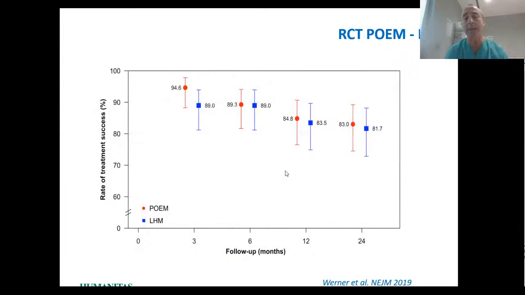And finally, this is the New England paper that was published by a European consortium led by Thomas Rösch. We were part of that study. We contributed significantly to that study, reporting a comparison between POEM and laparoscopic myotomy.